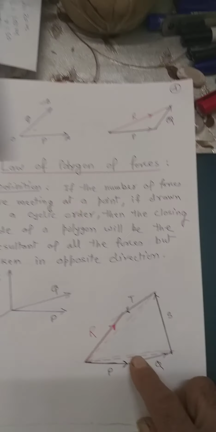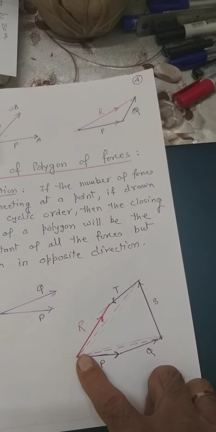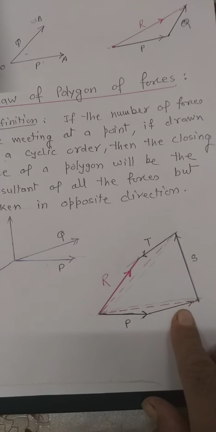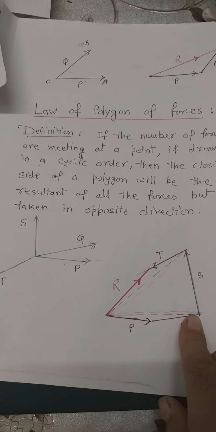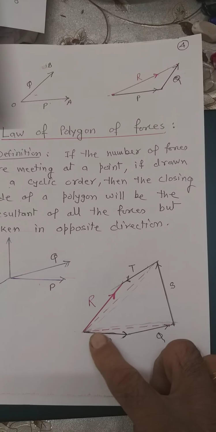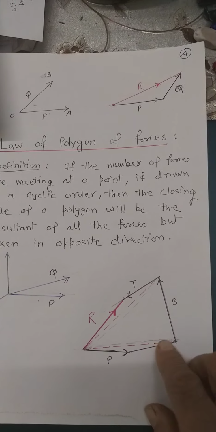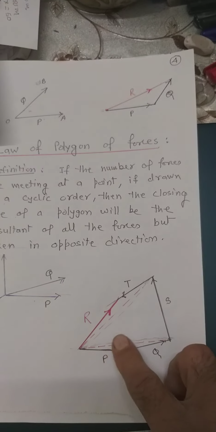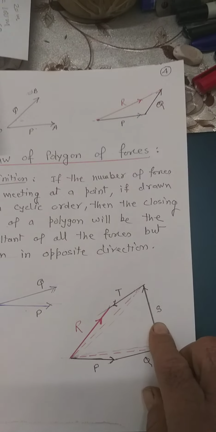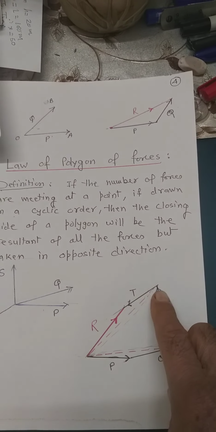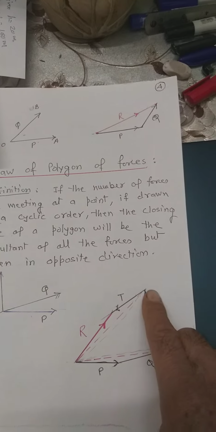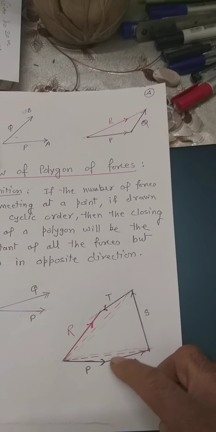How? Just see. First of all, I am talking about the forces P and Q. This is the resultant according to the law of triangle of forces. Now, when I am talking about this resultant and this S, again this is a triangle, and this will give the resultant of these two forces.